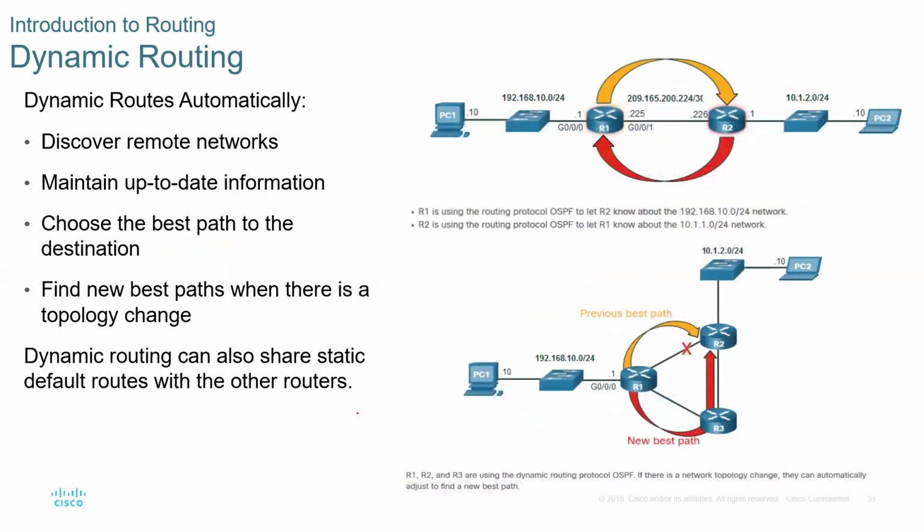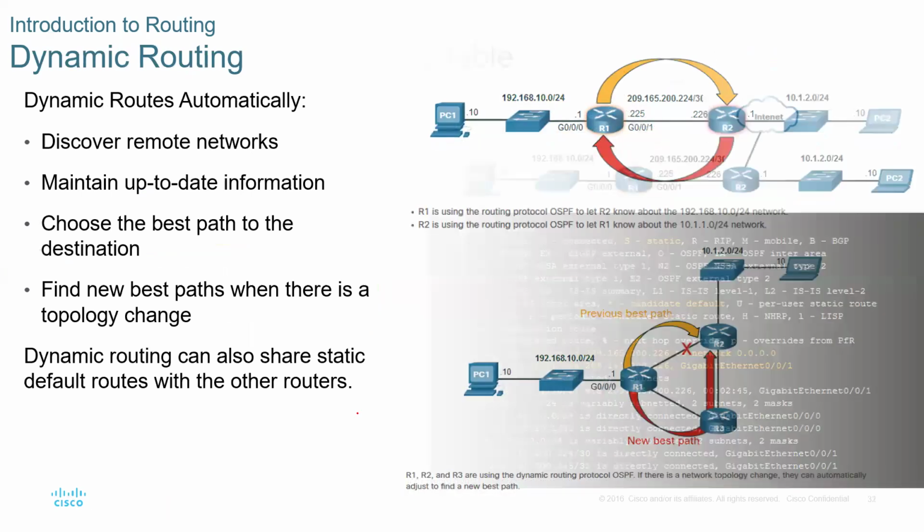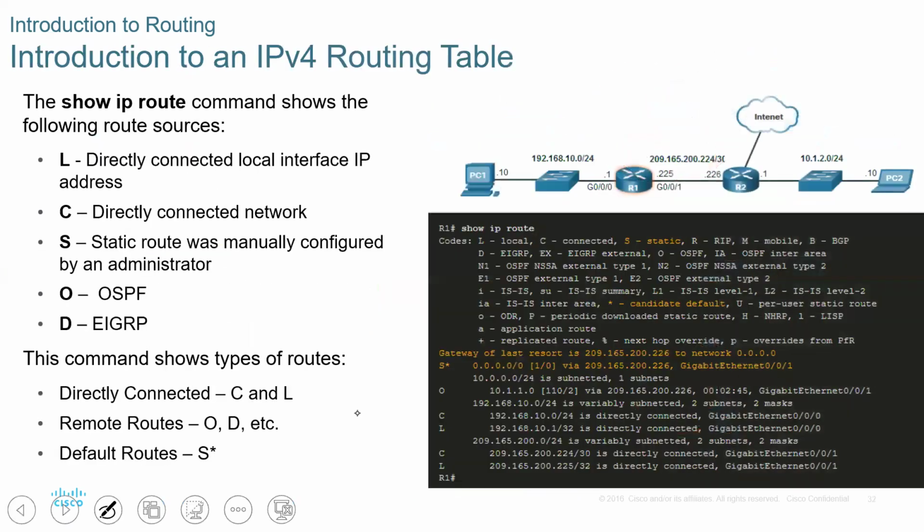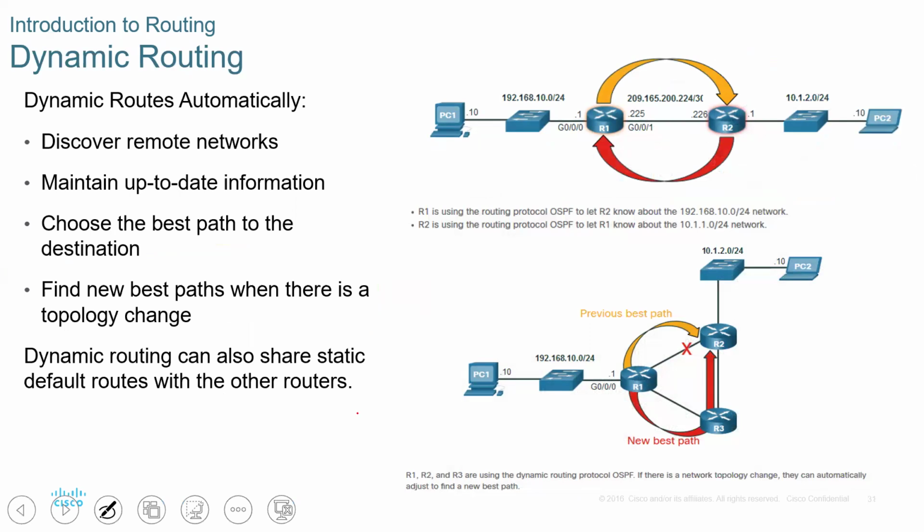Let's finish up. Dynamic routing: routes are learned automatically. They discover remote networks, maintain up-to-date information, choose the best path, and find new best paths when there is a topology change. This one is good for topology changes.